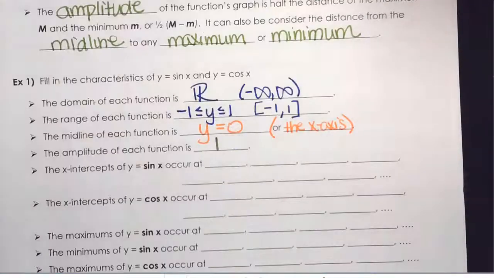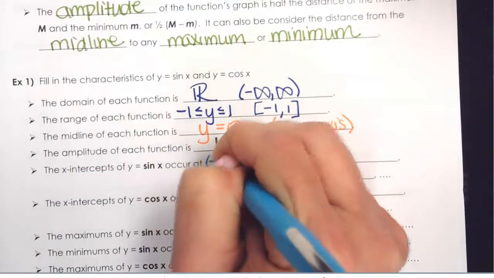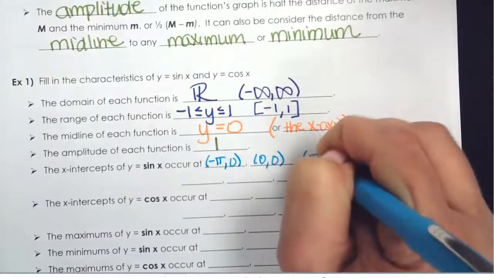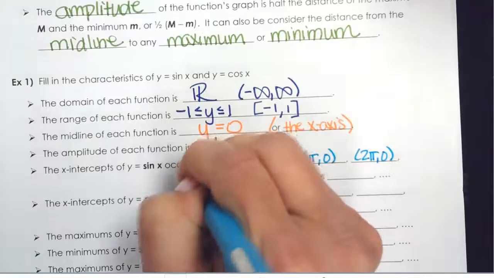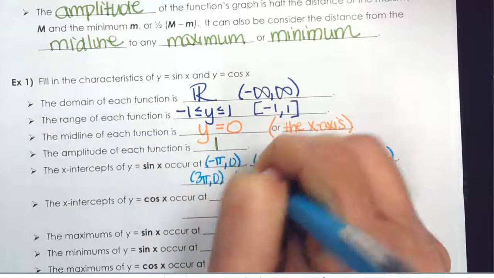Good. So let's just list that here. They're at (-pi, 0), (0, 0), (pi, 0), (2 pi, 0), (3 pi, 0), (4 pi, 0).